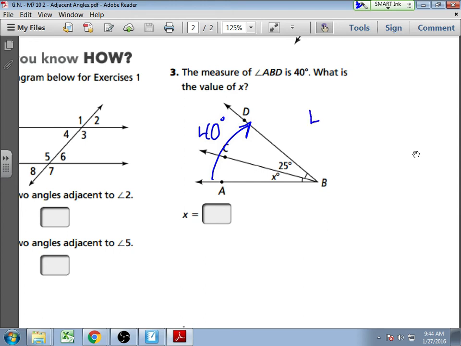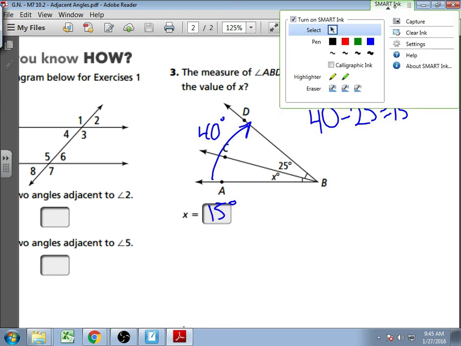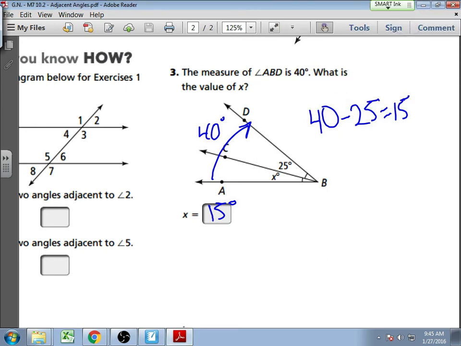So I did 40 minus 25, and I got 15. So angle ABC, or the value of x, is 15 degrees. Questions? Very good. Capture that.